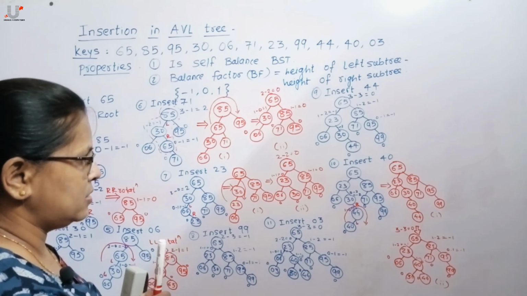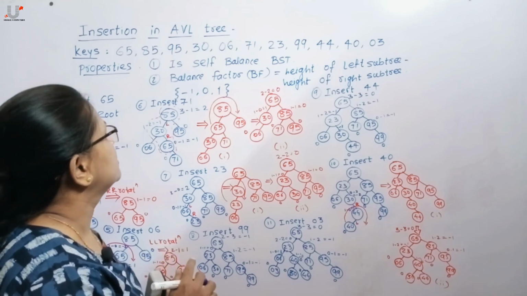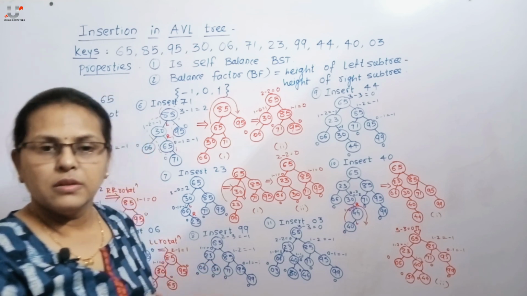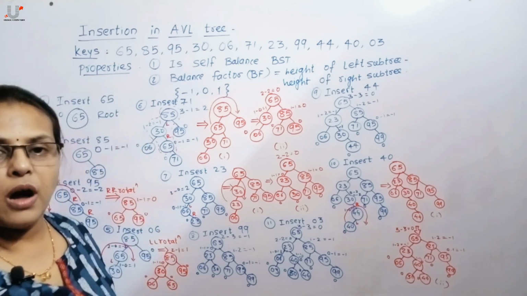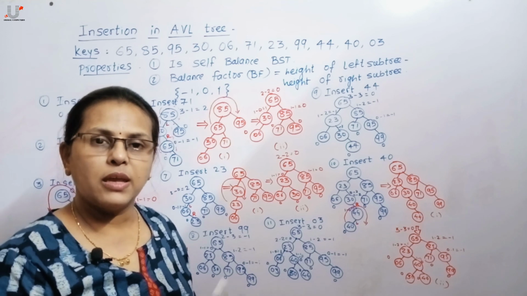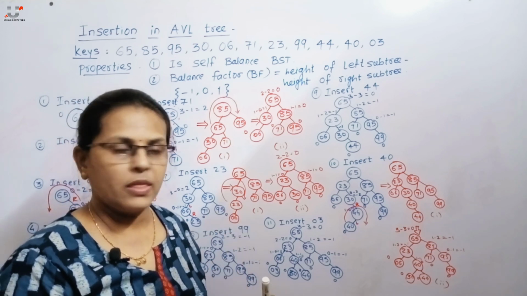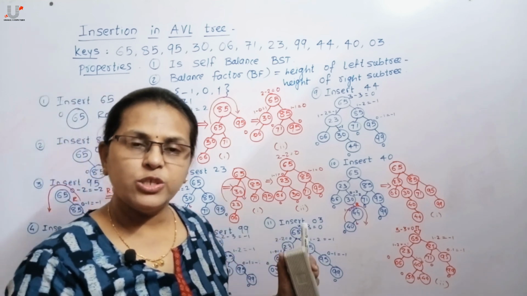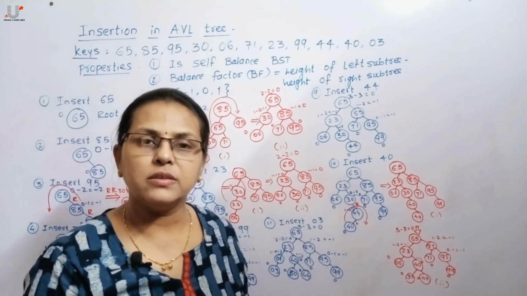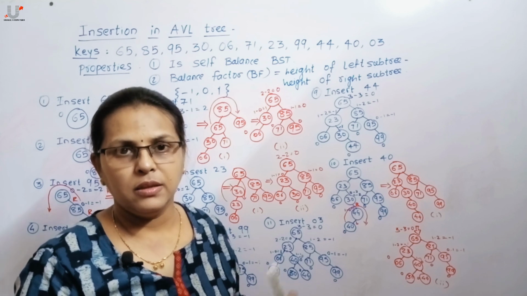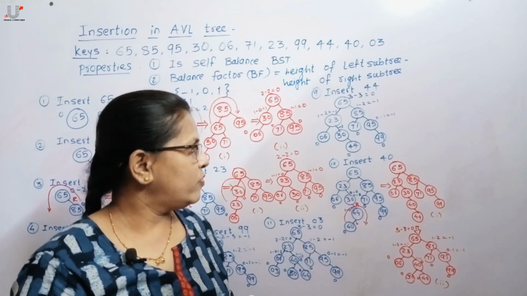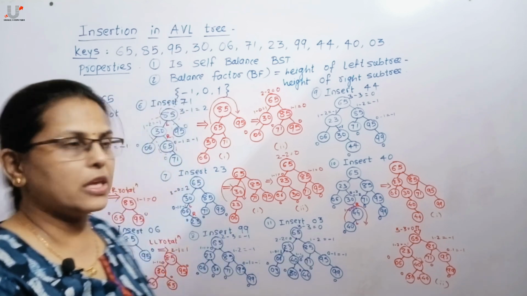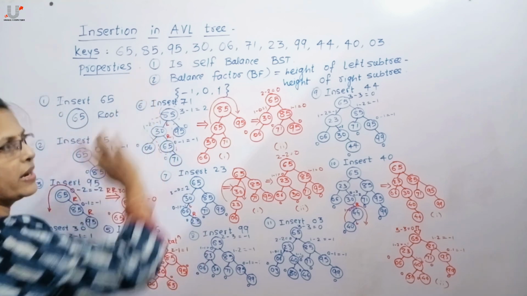So that's it. That's all about how we insert elements in an AVL tree. We insert integers as well as characters and strings in an AVL tree, and while inserting we have to always keep these properties in mind.